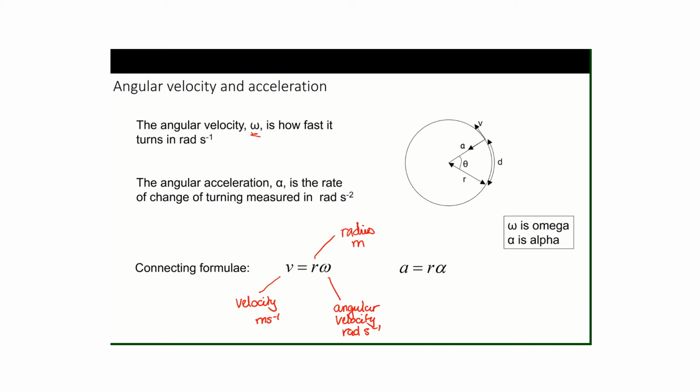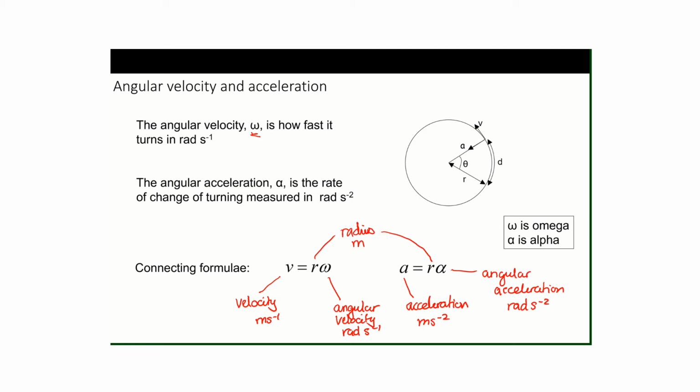We also have angular acceleration, alpha, and that's the rate of change of turning, and it's measured in radians per second squared. And that's linked to the actual acceleration of a point on the edge. Acceleration is measured in metres per second squared. Angular acceleration, in radians per second squared, again, is linked by multiplying by r, as you can see in the equations.